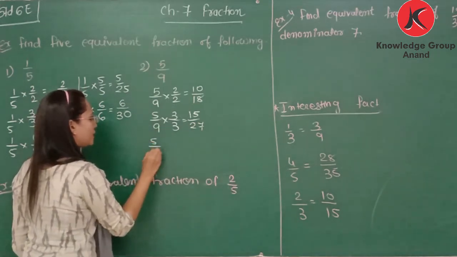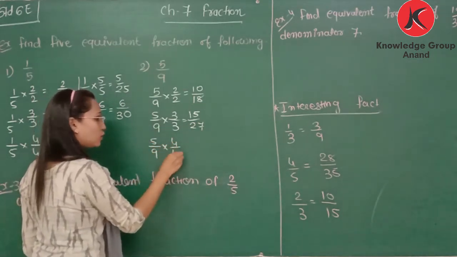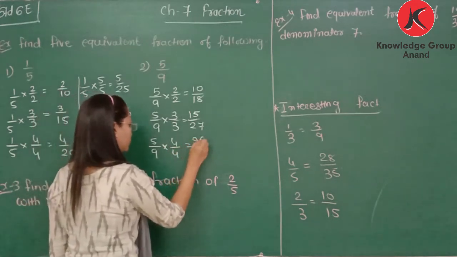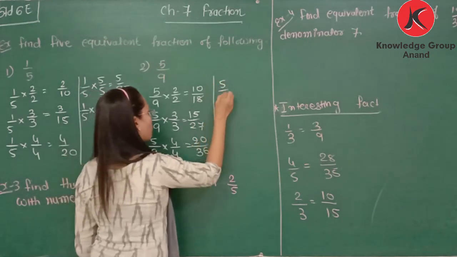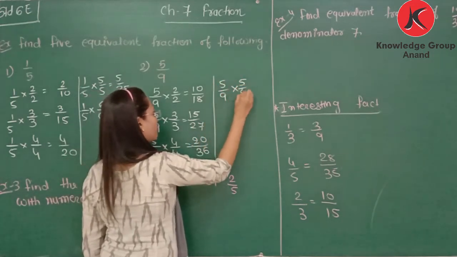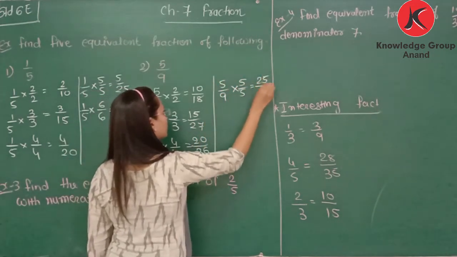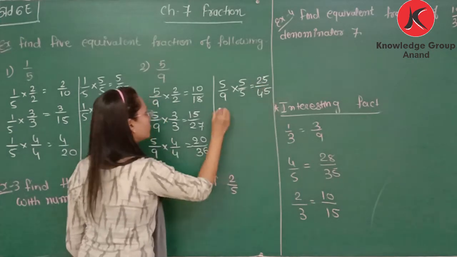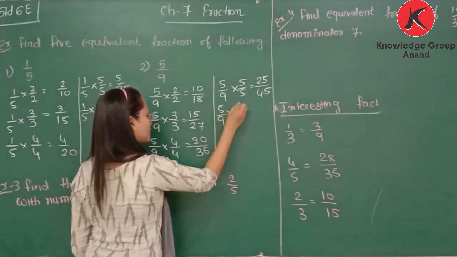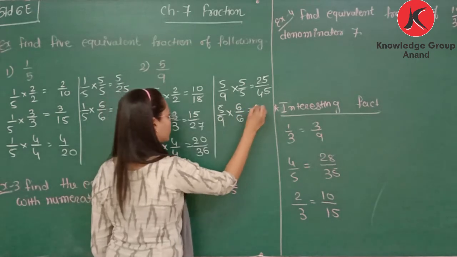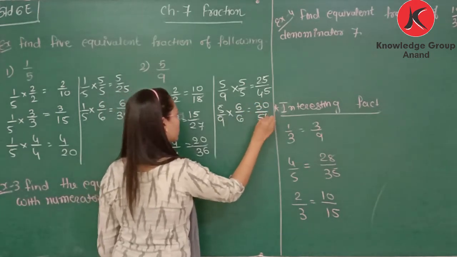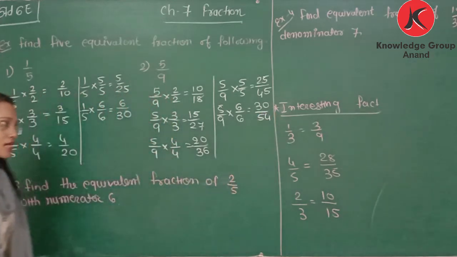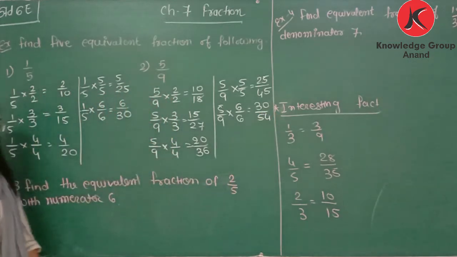Now 5 by 9 is multiplied with 4 in the numerator and denominator. Then 5 by 9 multiplied with 5 and 5, 45. 5 by 9 is multiplied with 6 and 6, 54. So these are the equivalent fractions.